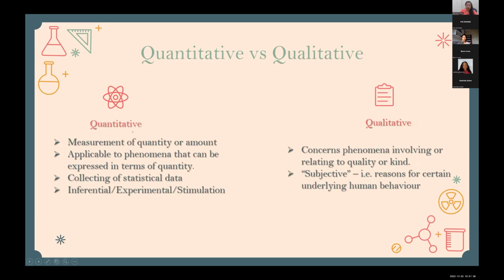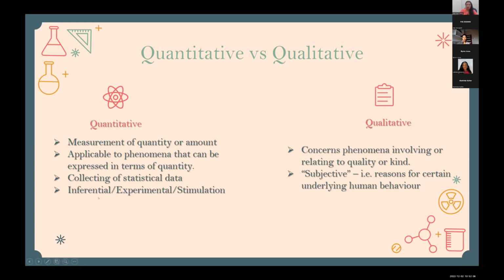And we move on to quantitative and qualitative, which probably many of you are using right now. So quantitative, as the word itself points out, is the measurement of quantity or amount. So usually, this research is applicable to phenomena that can be expressed in terms of quantity. So here, usually you will be dealing with collecting of statistical data.